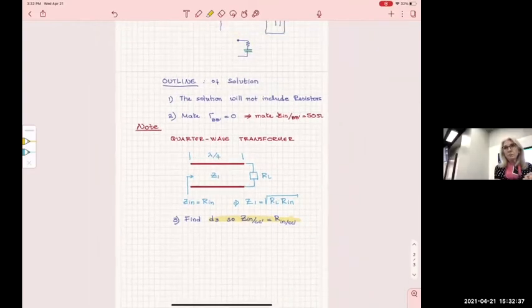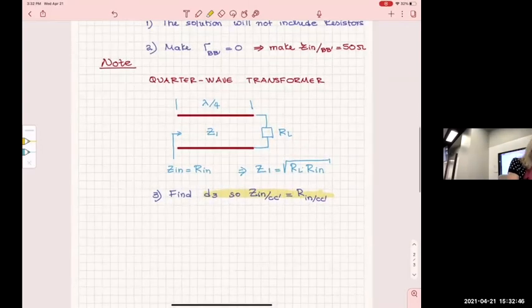Now, you also know that you have to use the Smith chart. Since we have to use the Smith chart to solve the problem, what else do we have to do? Normalize, exactly. So now in our outline, we have to normalize.